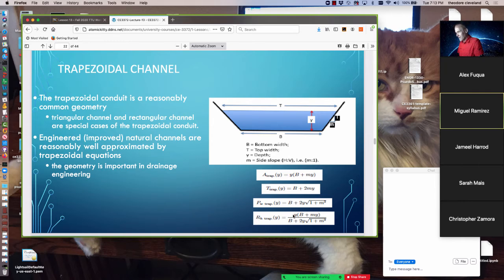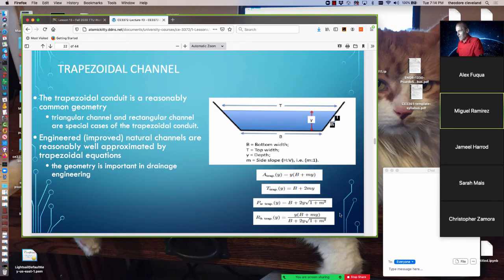Lastly, the hydraulic radius is the area, y times b plus my, divided by the wetted perimeter, b plus 2y root 1 plus m squared. And there's no point in trying to reduce this any further.